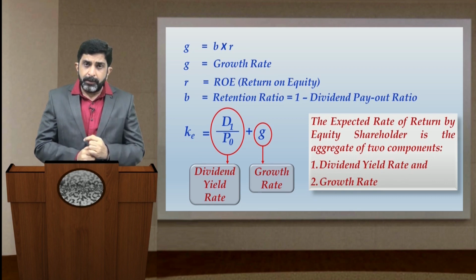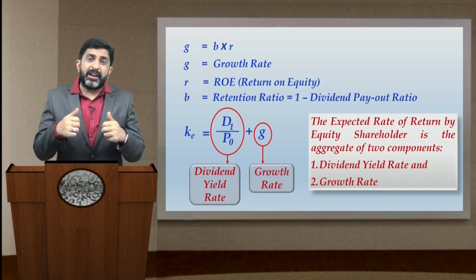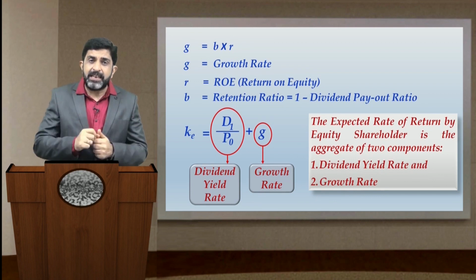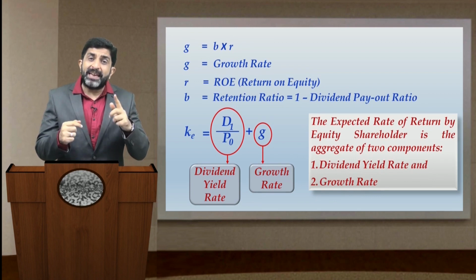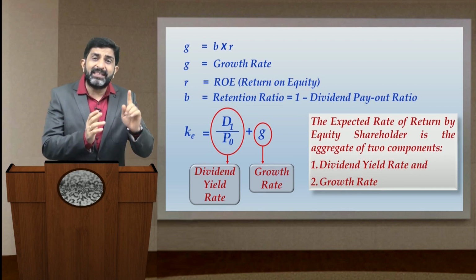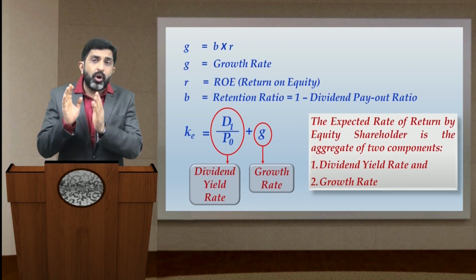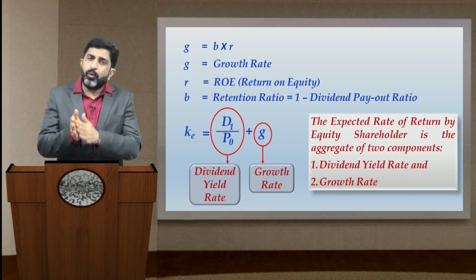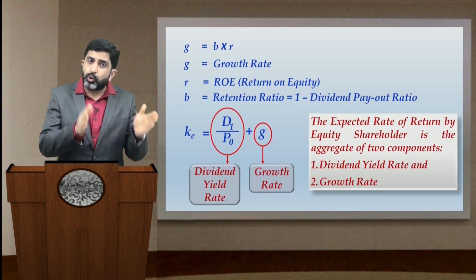Assumption number 1, that the expected rate of return for the shareholders, what you symbolize as KE, is always going to be greater than the growth rate. That means KE will be greater than G. So cost of equity or the expected rate of return for the shareholder is always going to be greater than growth rate.